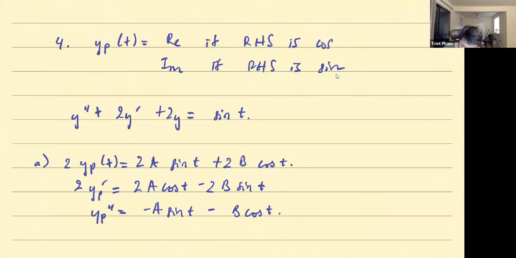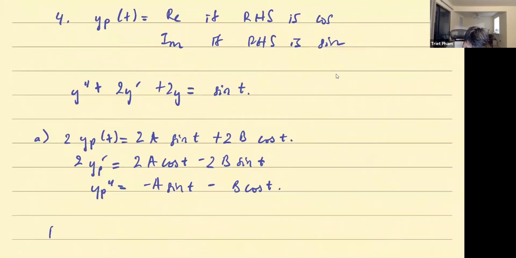What do we get if we add? What's the sine term? Sine is minus a minus 2b plus 2a, so it's going to be a sine. And then the cosine will be minus b plus 2b, so that's b plus 2a.